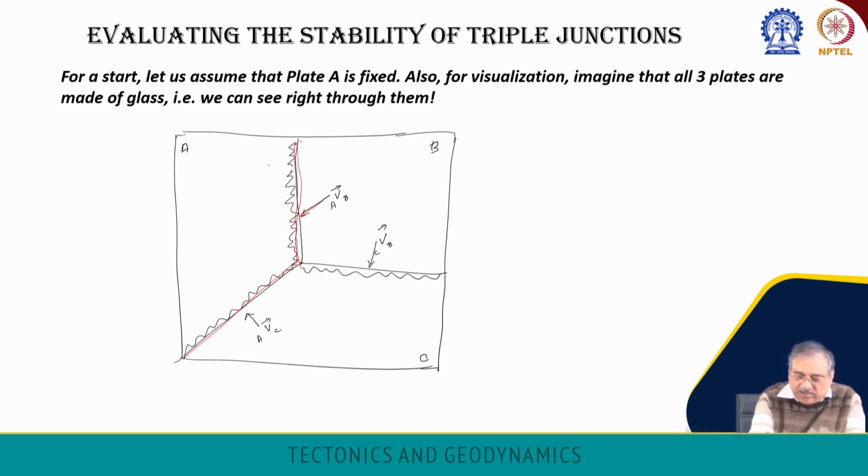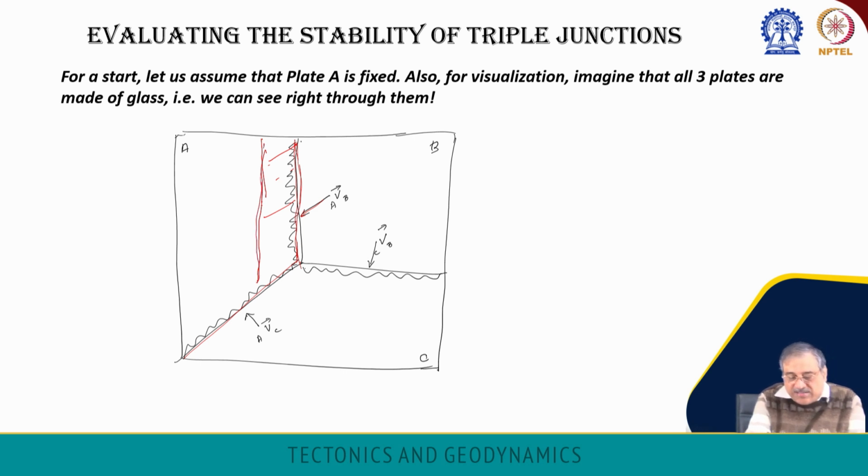So each particle, a particle here will move here, another one here, another one here. With the result that the line of particles that used to make up the frontal edge of plate B at the first instant of time, after some time will be in a position here.